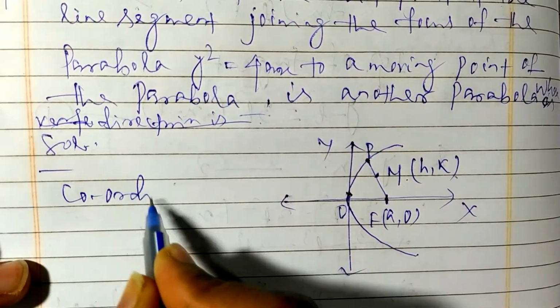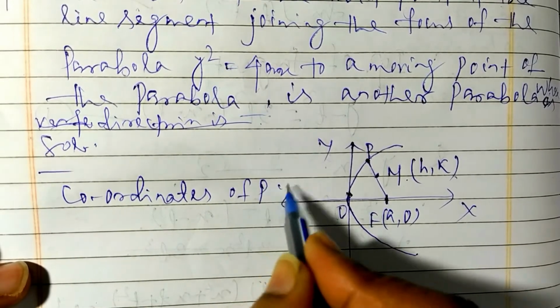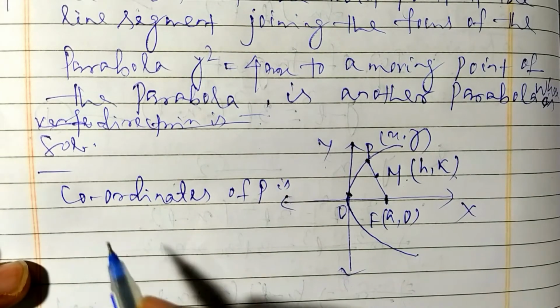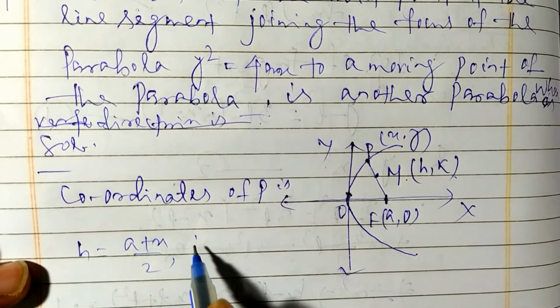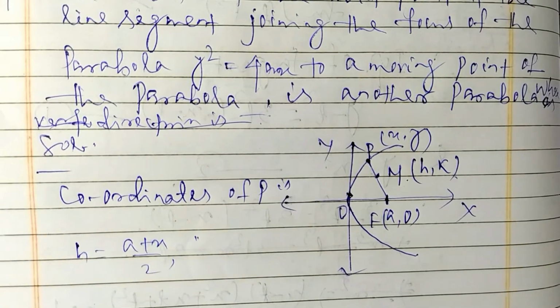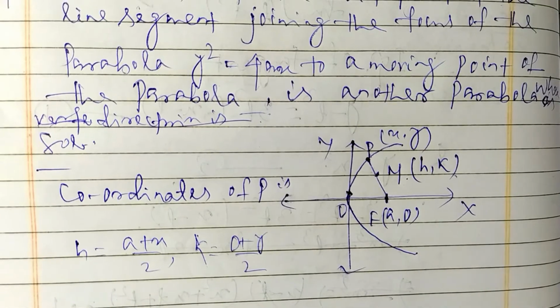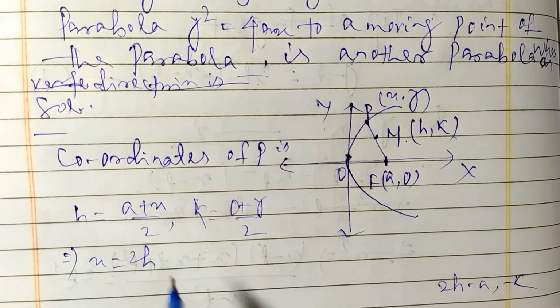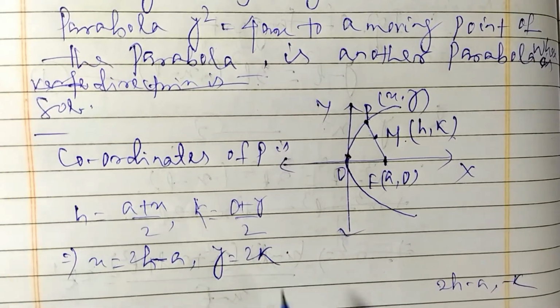Suppose the coordinates of P are (x, y). Then h is equal to (a plus x) by 2 and k is equal to (0 plus y) by 2. So that's why x is equal to 2h minus a and y is equal to 2k.